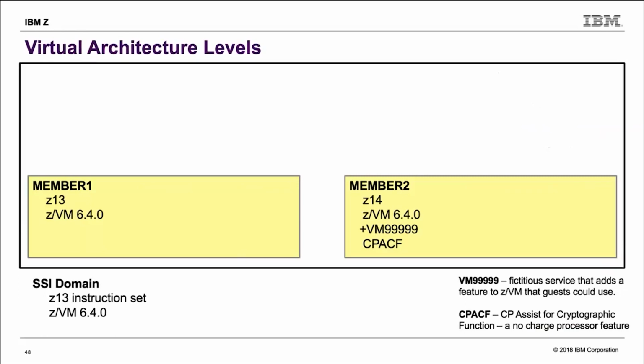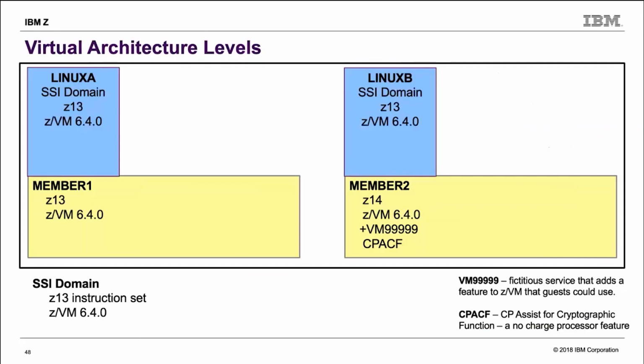Member 2, in addition to that, is running CPACF and this fictitious APAR that we'll just use for the sake of argument here, VM99999. Imagine that being the most desirable feature in z/VM that you could even fathom. Our Linux guests are assigned to the SSI domain by default, and so they're going to start off with that same virtual architecture level as the SSI domain, the z13 instruction set and z/VM 6.4.